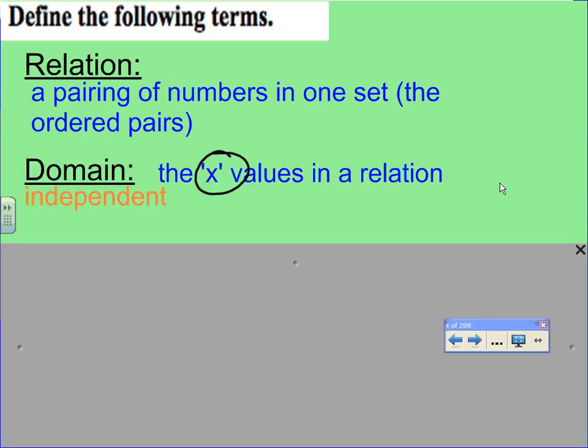Domain, I'm sure you've heard of domain before, are the x values in a relation. I wrote underneath domain independent because independent is also a term that we use for the x values in a relation. So domain and independent both mean x values in a relation.